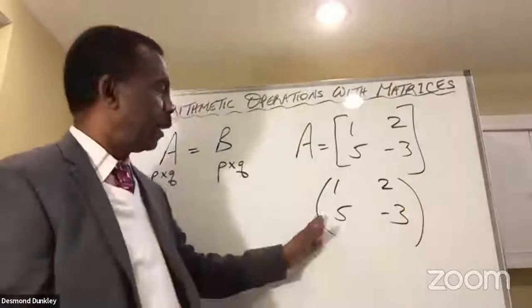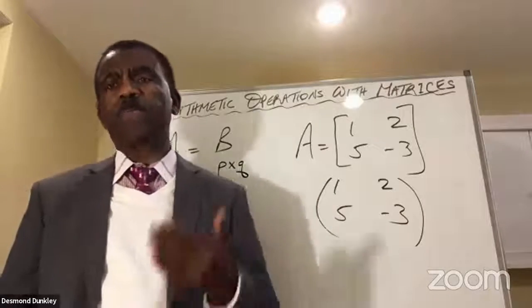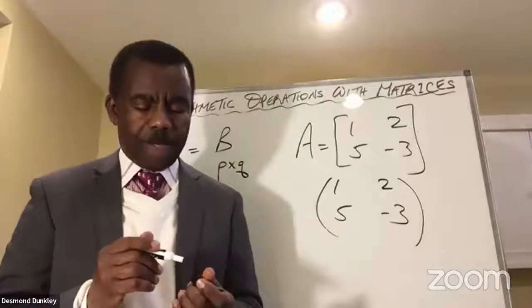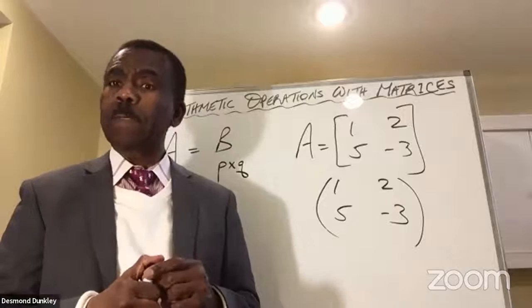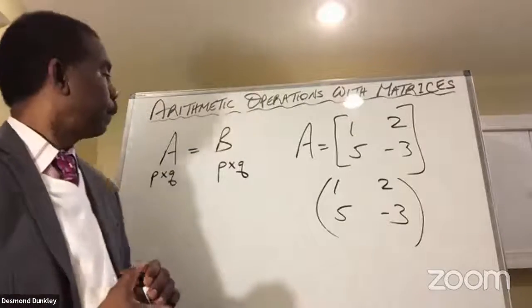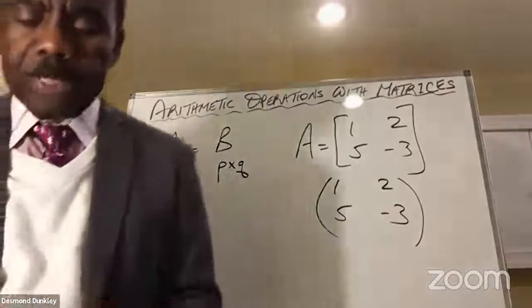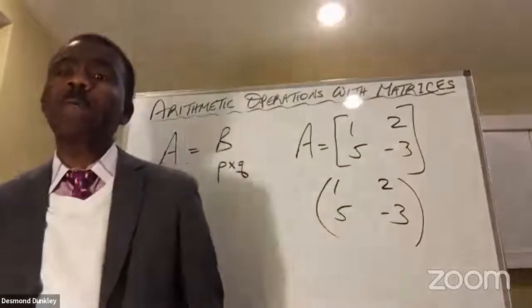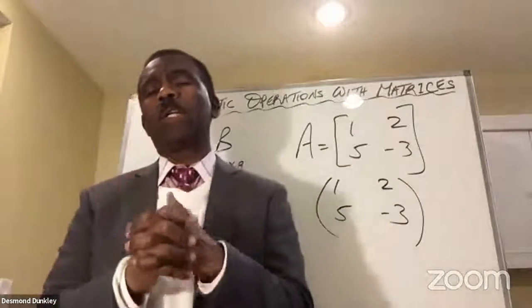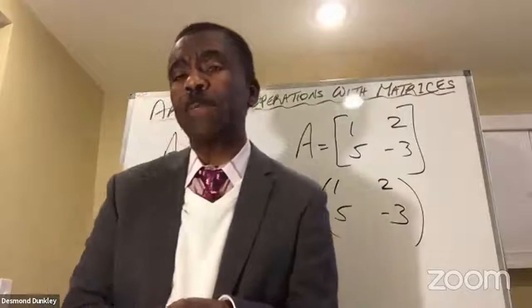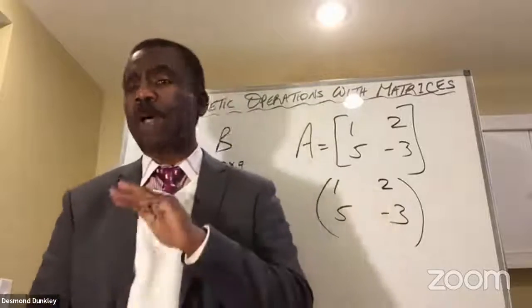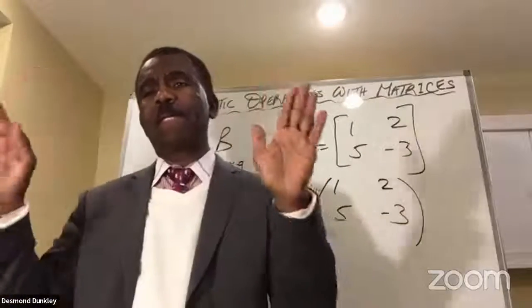Both parentheses and square brackets are used to denote matrices, okay? Good. So that was a scalar multiple. We discovered that matrix division, you cannot divide one matrix by another matrix. That does not exist. That's undefined.